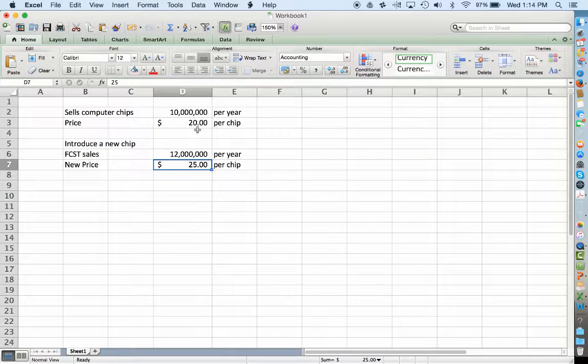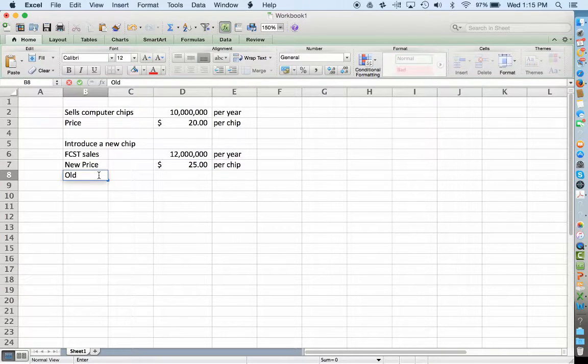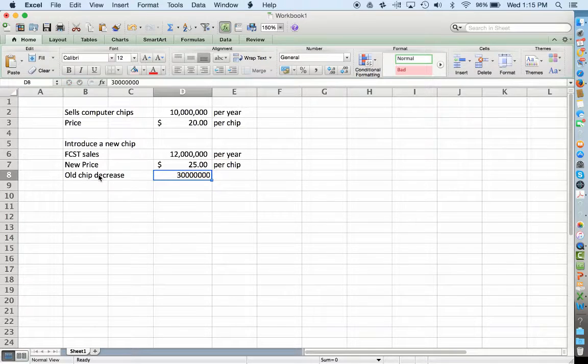And then also with this new chip, the old is going to decrease in volume of sales. So it says it's going to fall to 3 million a year. Not 30. 3. And this is the new sales.